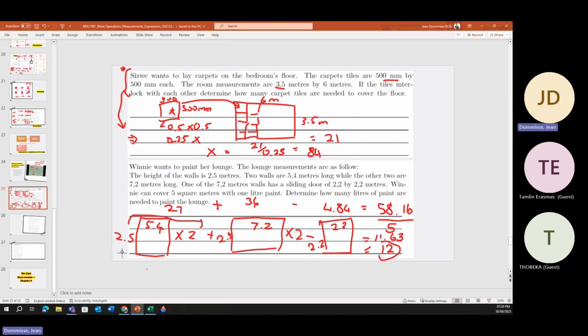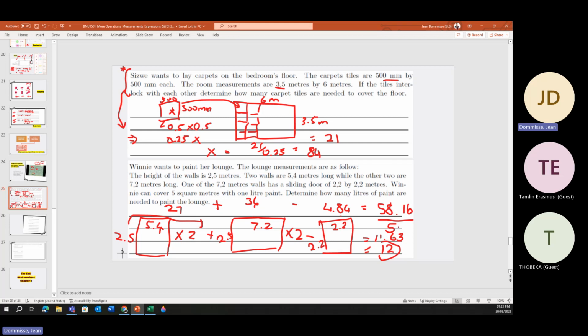Okay, so it is a bit different type of question, but again, it feels a bit easier if one draws it for yourself to see what you need to do, because it's easier to see. Okay, that is for one side, so times 2, that's for other sides times 2, and yes, there's a sliding door, which makes sense.